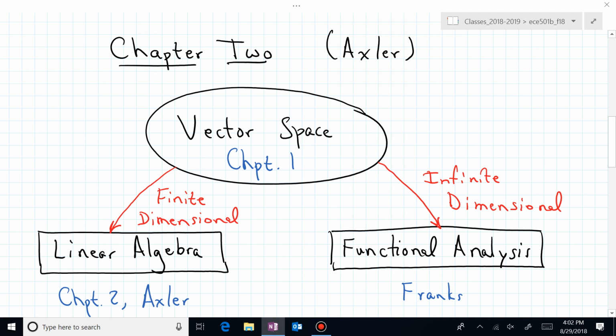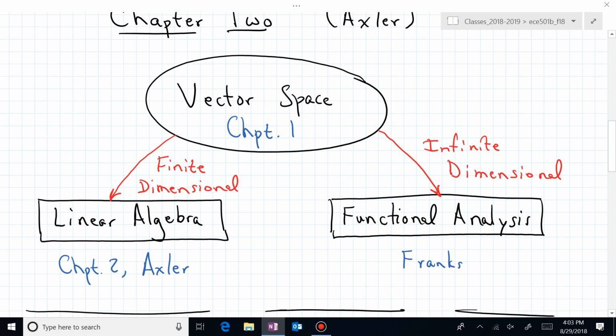You can put them together uniquely via direct sums, non-uniquely by just adding subspaces, and likewise subspaces are not the same as subsets. But this is how it's organized, and now chapter 2 starts with the linear algebra material for finite dimensional vector spaces.